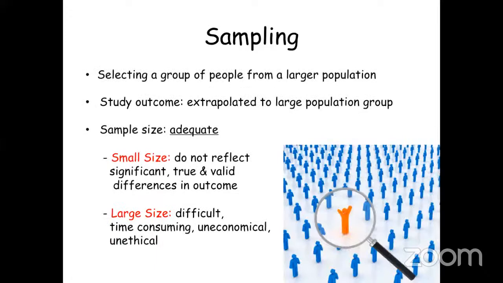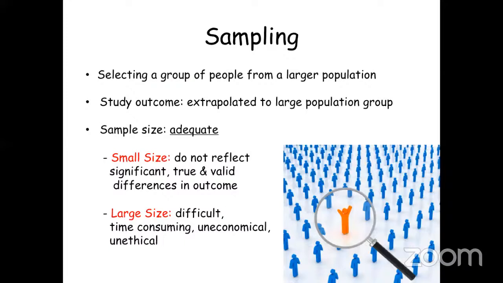Depending upon the type of study you do, the sampling technique can vary. But why is this sampling technique important? Because you cannot study the entire population. So you select a set of people from that population in whom you are planning to implement your research observations.